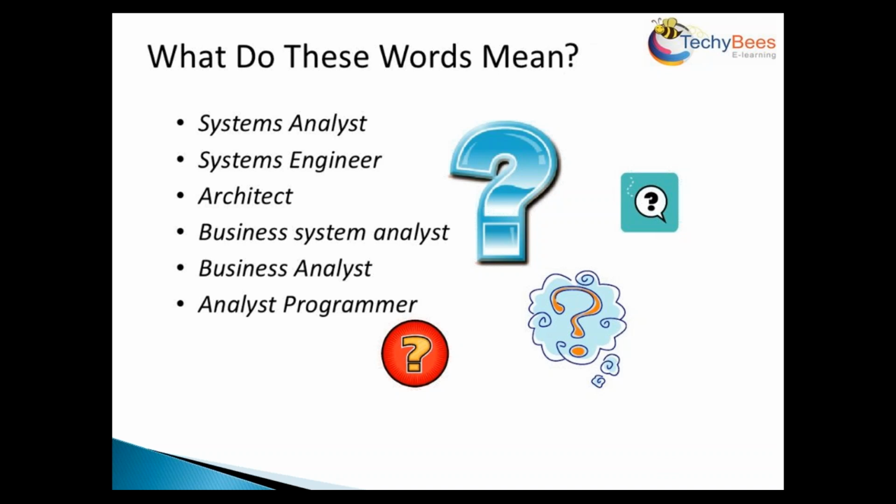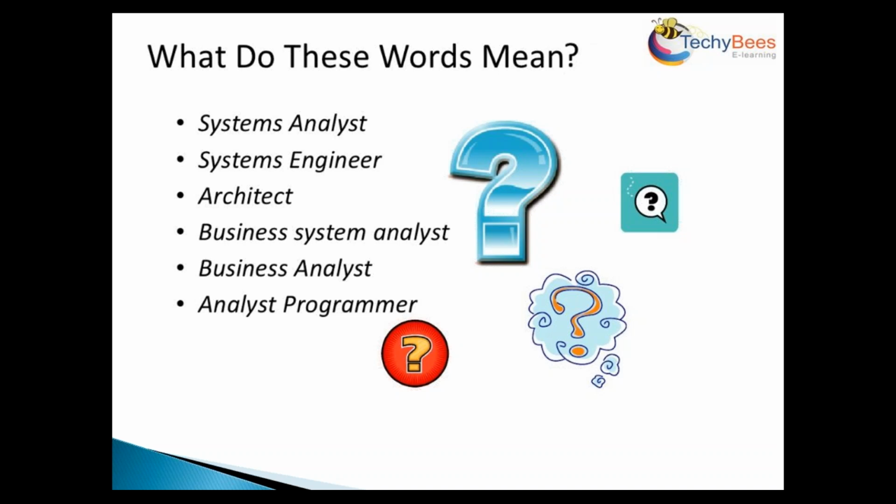Other than these roles, you also have systems engineer. Who is a systems engineer? One who works on the system. Any system issues will be resolved by a systems engineer. They can also be involved in technology and development related activities. Architects are technical people.